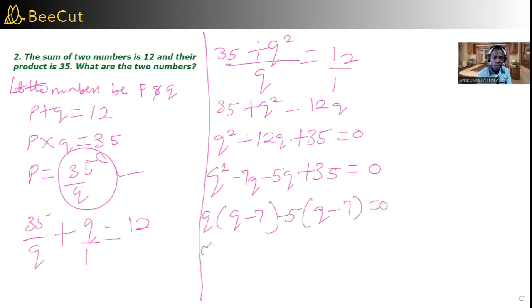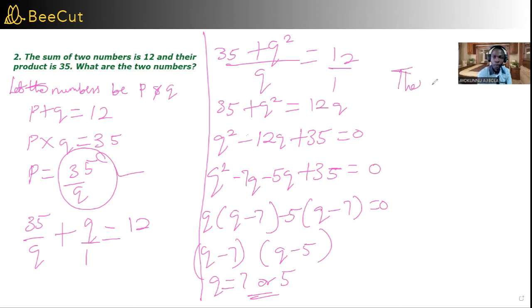Then I can say Q minus 7 is common to both sides, into Q minus 5. So here we can say that the numbers are obviously 7 and 5. Q equals 7 or 5.